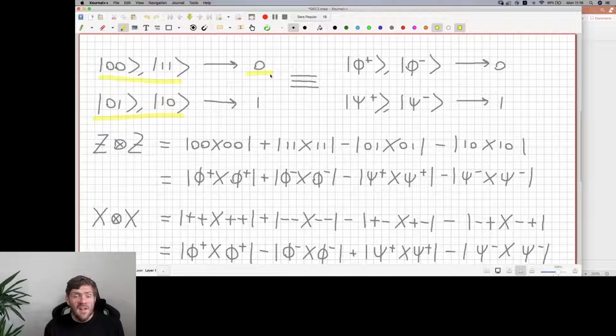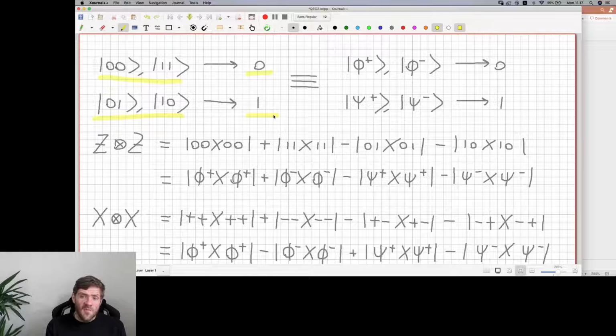And importantly, if we do have a superposition, it does not disturb that superposition because it's not extracting any information about the states that are inside that superposition. It's extracting some information that is true for both of those states, and so it doesn't disturb the superposition. Similarly, if we had 0,1 or 1,0 or any superposition thereof, we would get the outcome 1, but those superpositions would not be disturbed.